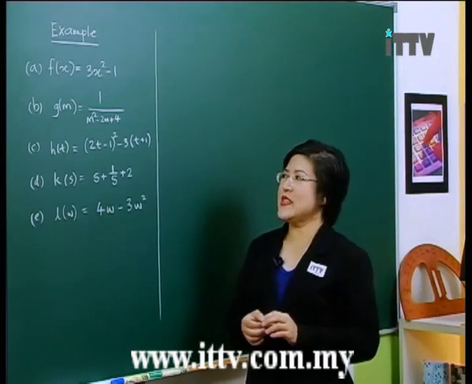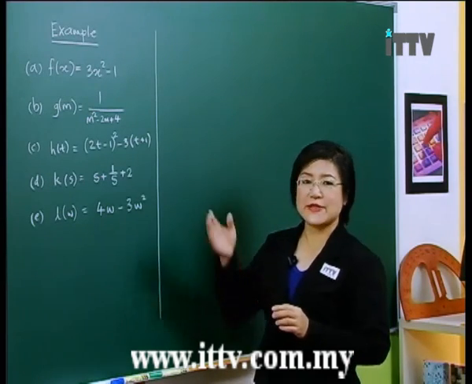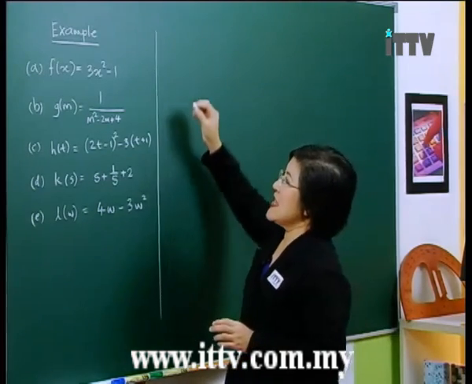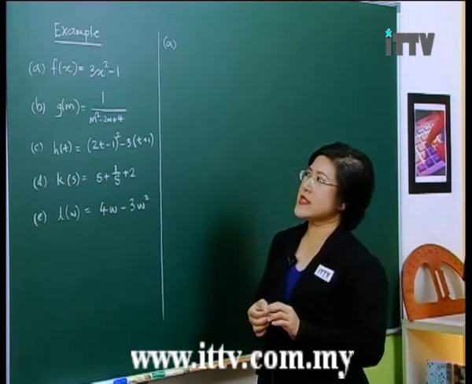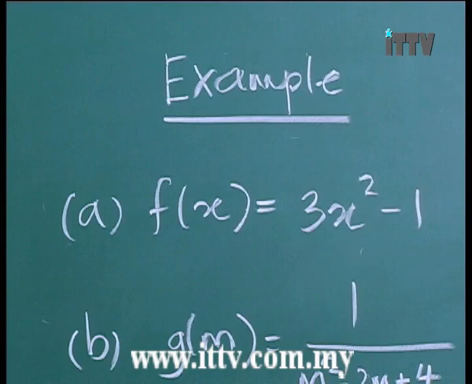Well, viewers, let's apply what we have been discussing so far to determine whether these 5 functions are quadratic functions or not. A. We notice that f(x) contains 3x squared minus 1, and the square is the highest power of the variable x in this expression.